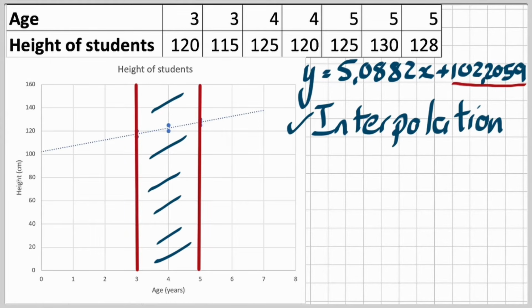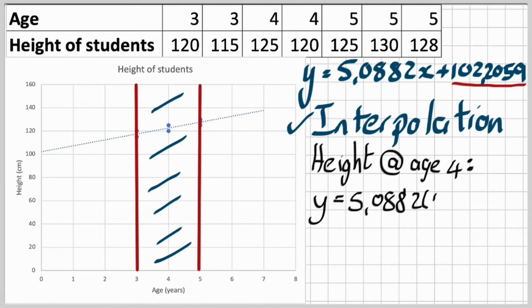Let's say I ask you, what was the height at age 4? First of all, what do I give you now, the x value or the y value? I give you the x value. So in my equation, I'm going to substitute x by 4. Is it between 3 and 5? Yes.